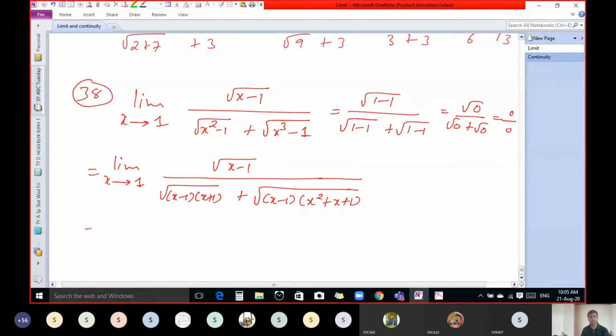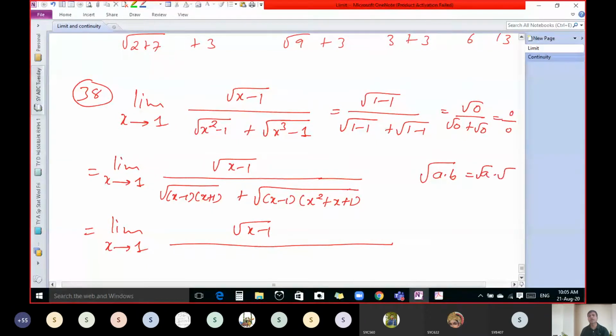Now we can write limit x tends to 1 of root x minus 1 over root of x minus 1 times x plus 1. There is one rule: root of a into b can be written as root a into root b.